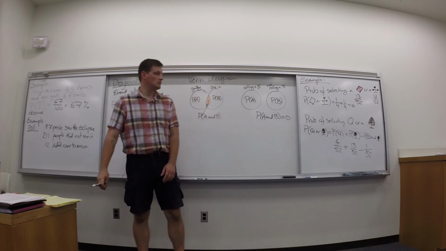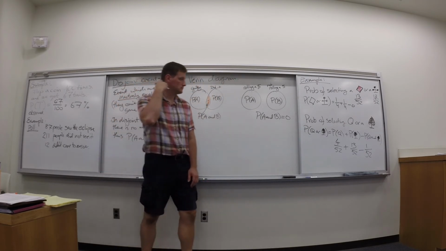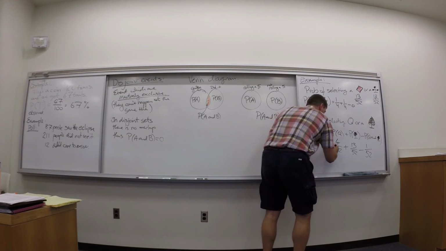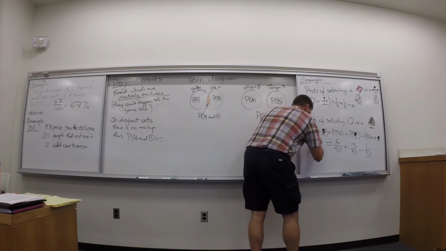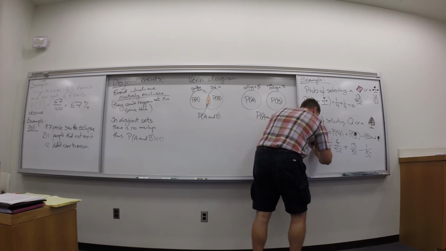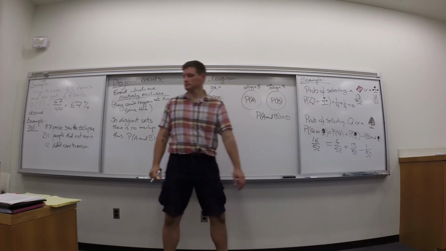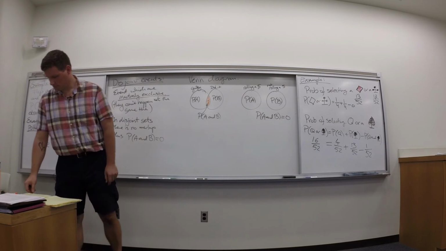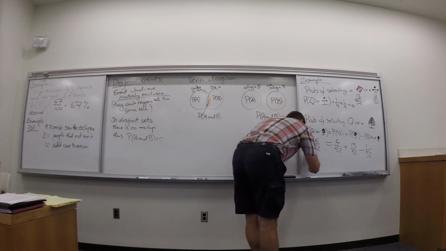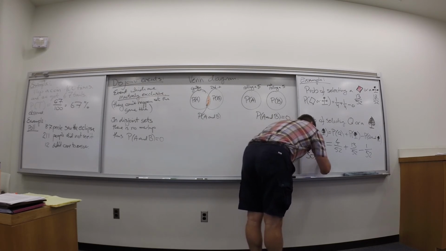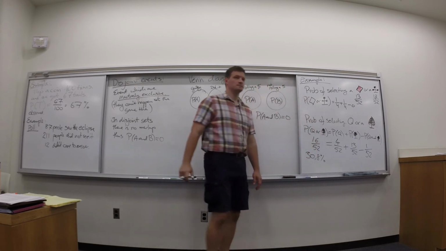So the whole thing comes out to be what? 17 minus 1, 16 out of 52. Which comes out to be about 30.8% or so.